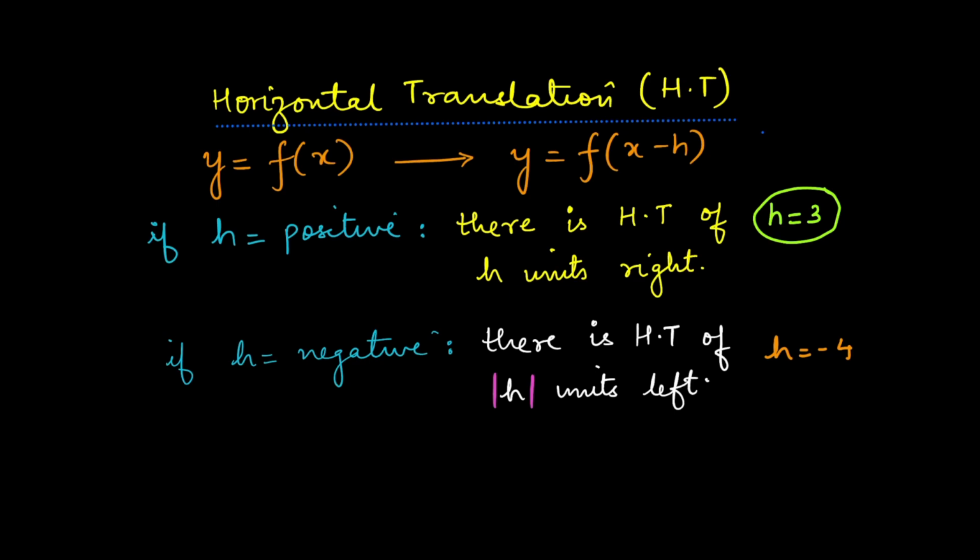There is a horizontal translation of the absolute value of h, which is 4. So we write a horizontal translation of 4 units towards the left. This part is important: whenever h is negative, we write only the numerical value of h towards the left.